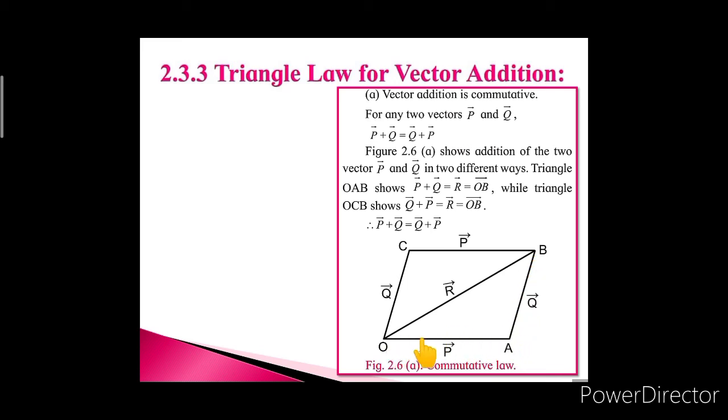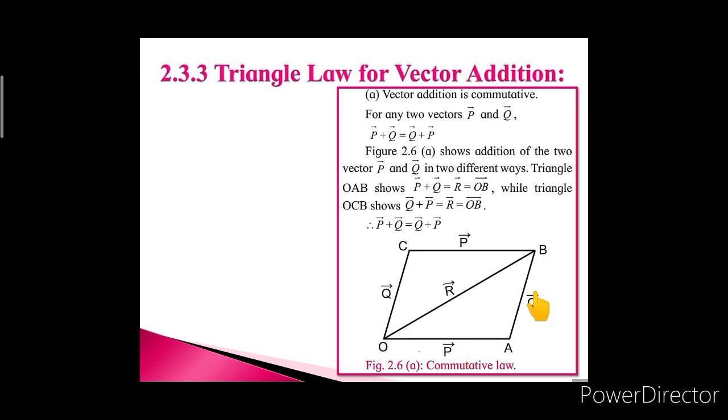When we add vector P plus vector Q, we get the resultant vector R from O to B, which is the third side of the triangle. So the resultant OB is vector P plus vector Q.